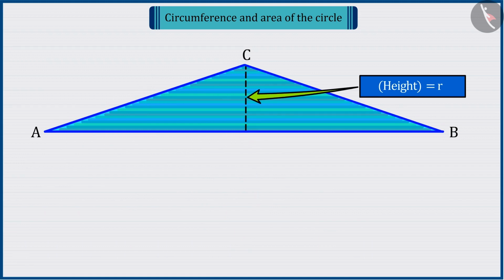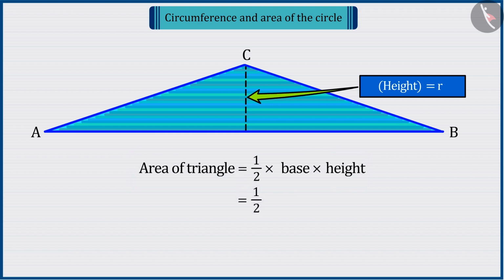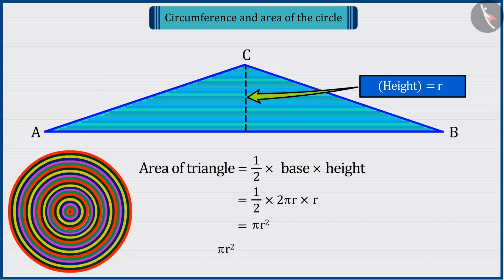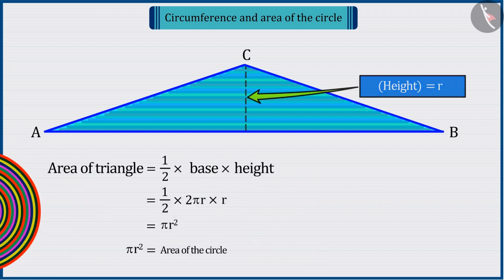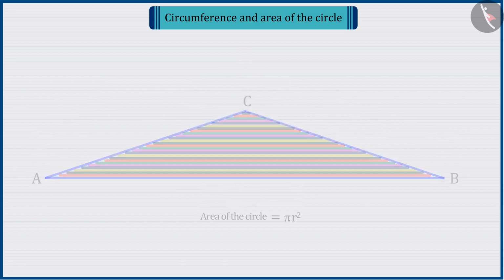Since we know that the area of a triangle is 1 upon 2 multiplied by the base multiplied by the height, therefore, in the area formula, on putting the value of base and height of this triangle and solving, we have the area of the triangle pi r raised to the power 2, which will be equal to the area of the circle. So you must have understood how the area of the circle as pi r to the power 2 is determined.